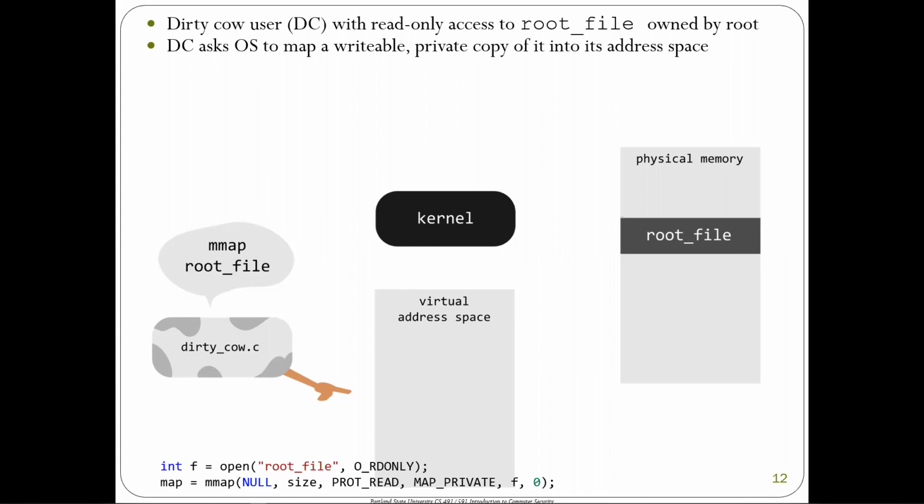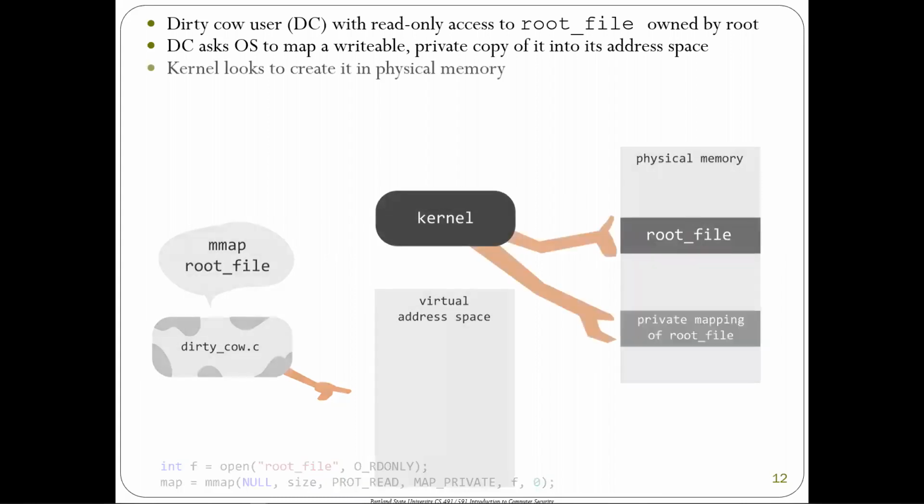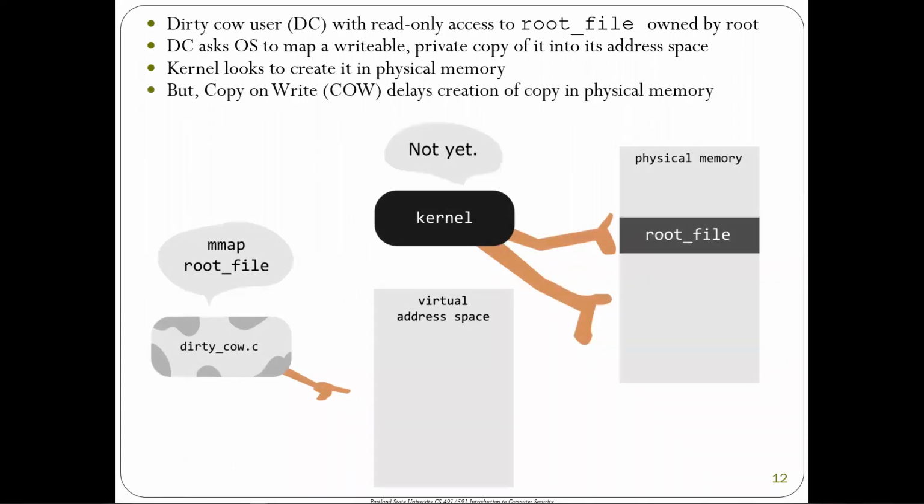The way this works is that the kernel's like, oh, you know what? Okay, I'll create this mapping for you. I'm going to take the original version of this file, and I'm going to create a mapping that is your private copy. And this is allowable. You're like, that's your private copy. The only thing about this is that I have this policy, this copy-on-write policy.